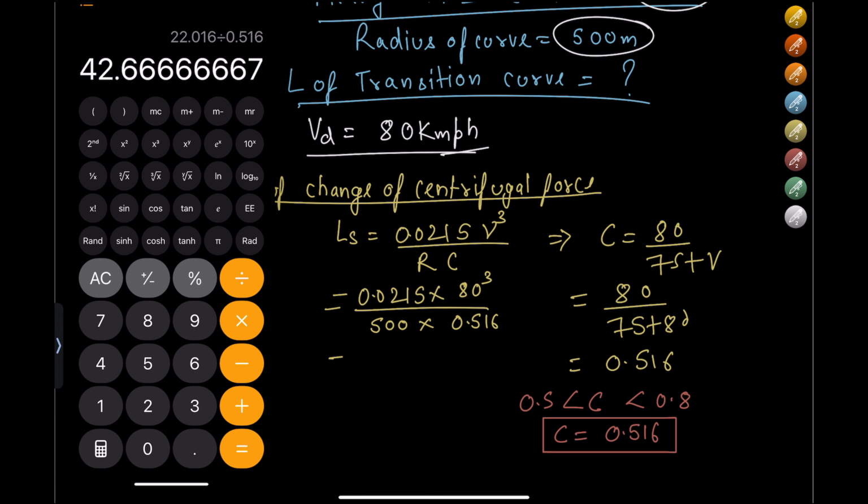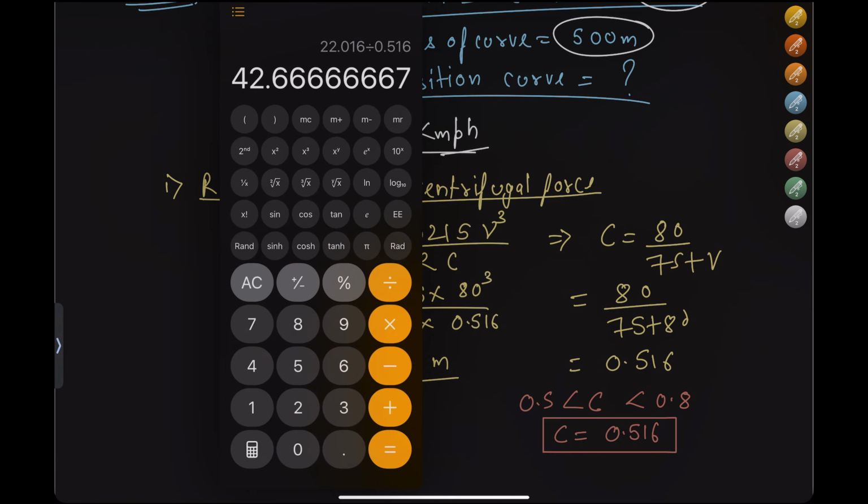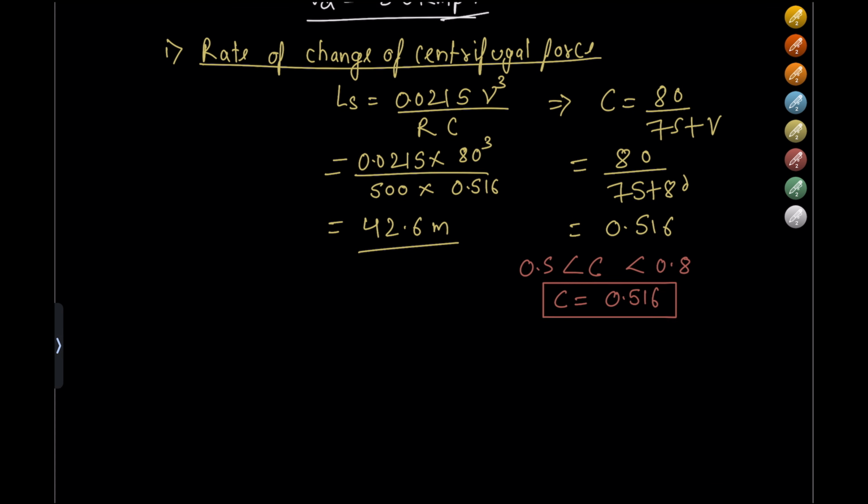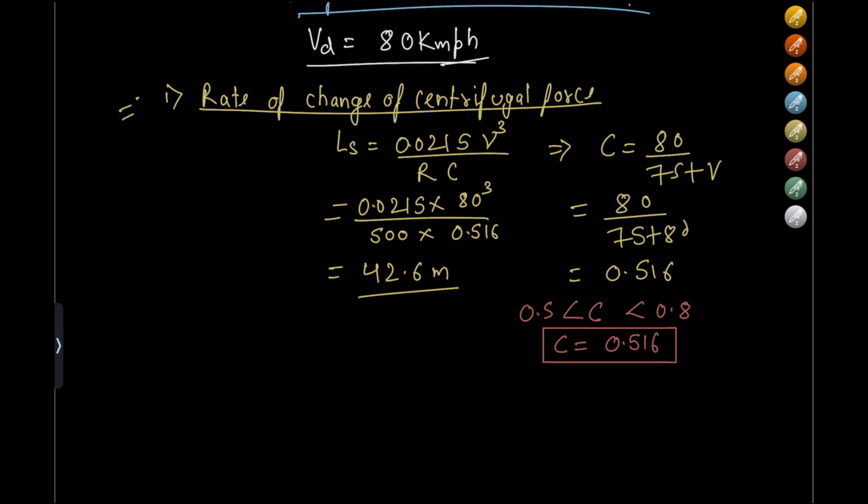The value is coming out to be, now it is correct. It should be approximately in the range of 40 to 150, and whatever value we are getting, the maximum should always be used. So this is the first case, where we are calculating by the rate of change of centrifugal force.